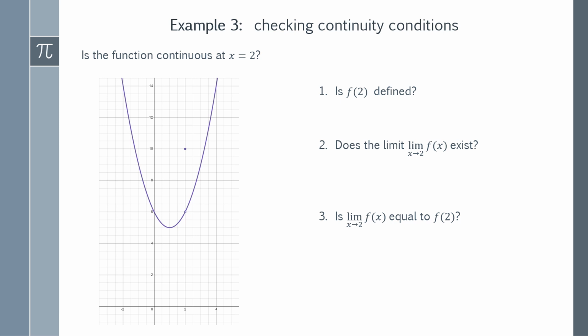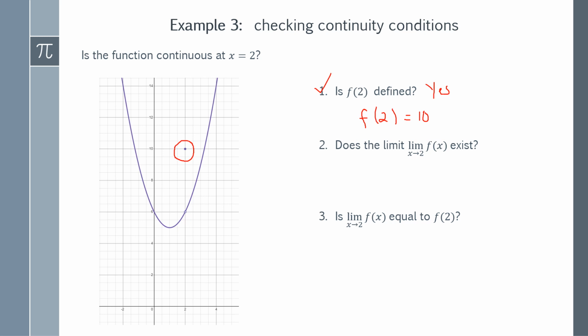Well, by looking at the graph, we can say yes, and here is the point that is equal to the value of the function. So is f of 2 defined? Yes, no problem here. We can say f of 2 is equal to 10. Okay, so this first condition, we are good to go.